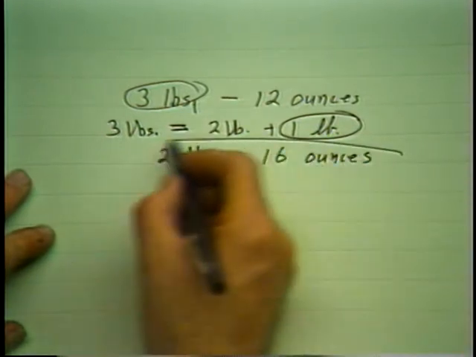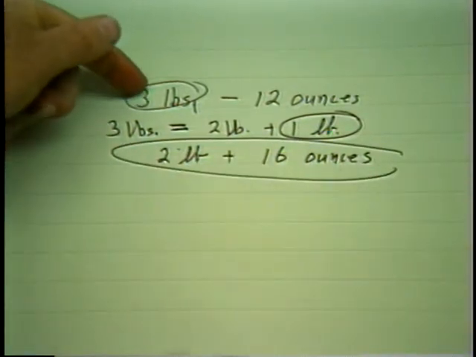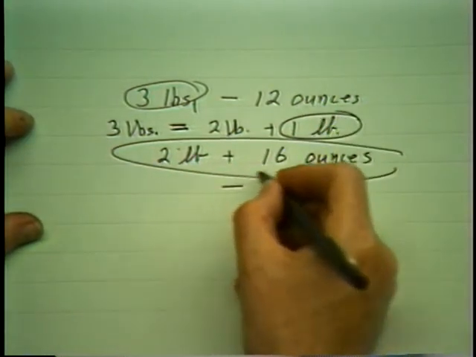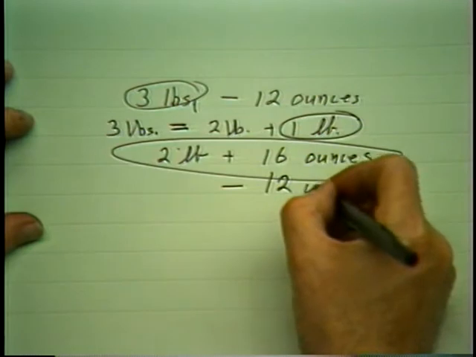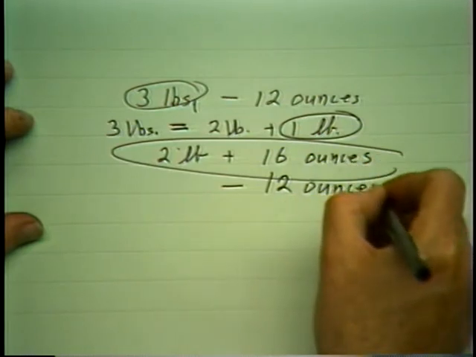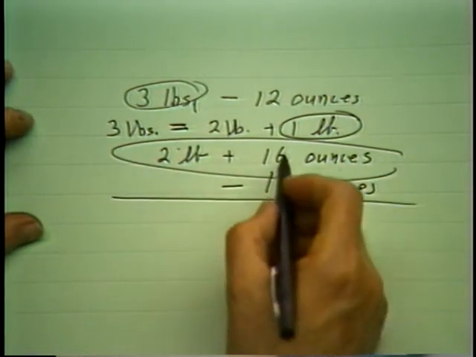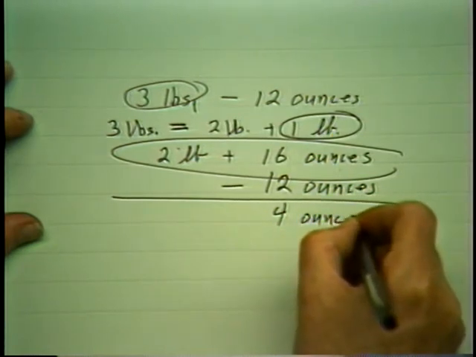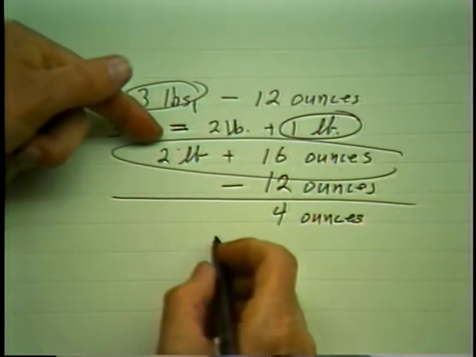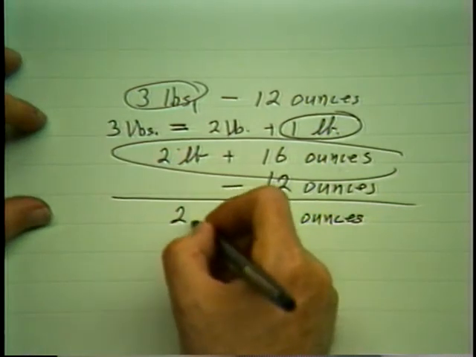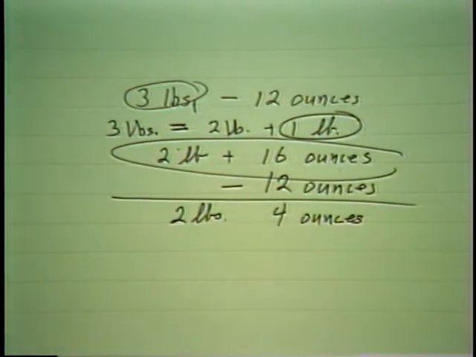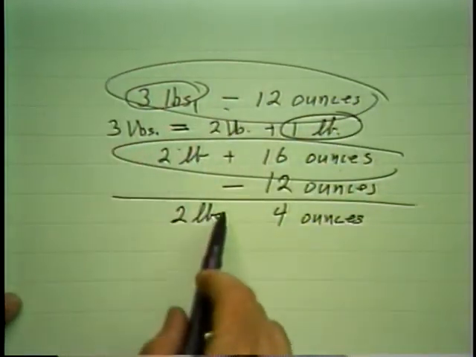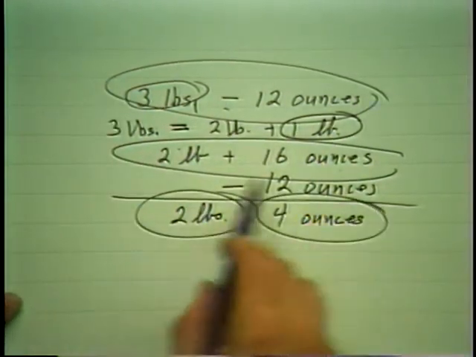Now from this is 3 pounds, 2 pounds plus 1 pound, which is 16 ounces, I will subtract the like units of measure. 12 ounces from 16 ounces is possible. And of course here I have the 2 pounds still. So 3 pounds subtract 12 ounces is 2 pounds 4 ounces.